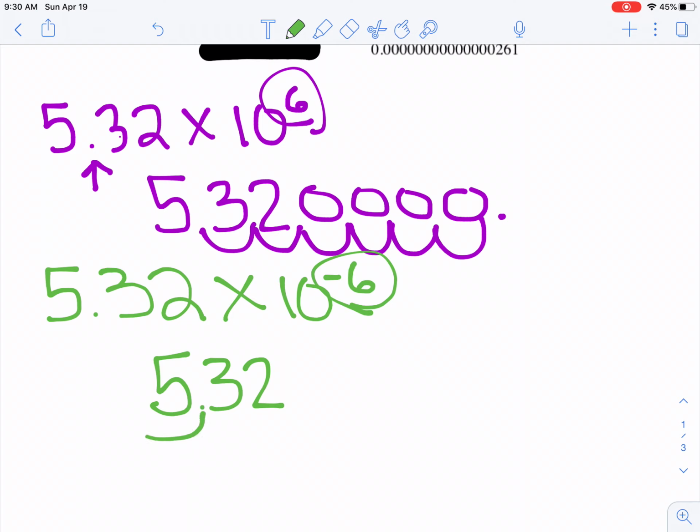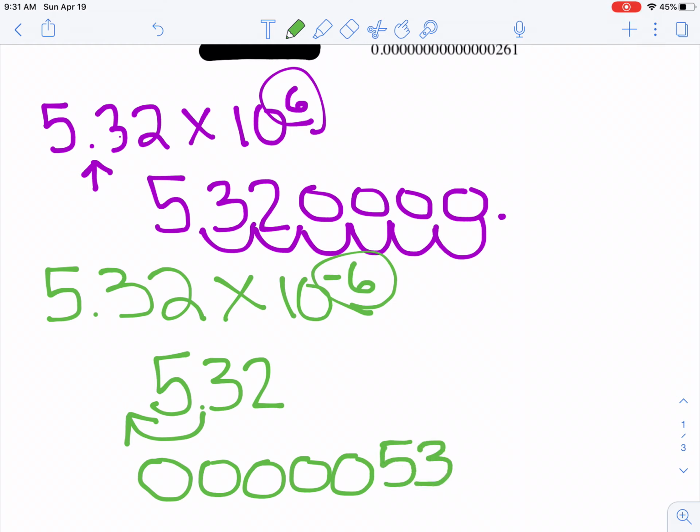It's going to go to the left, right? And if I move it 1 here, I need to now move it 5 more. So what does that mean? I have 5 zeros, then 5, 3, 2, and the decimal point out in front. So you could double check it. Does it really work? 1, 2, 3, 4, 5, 6, it works.